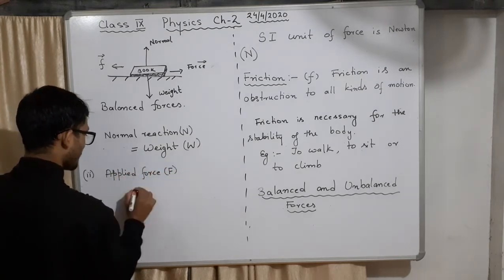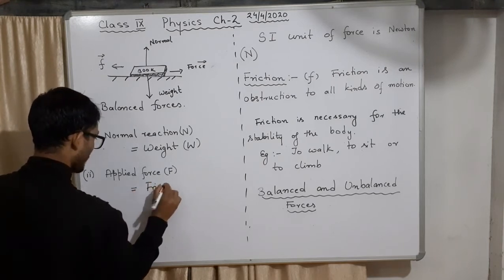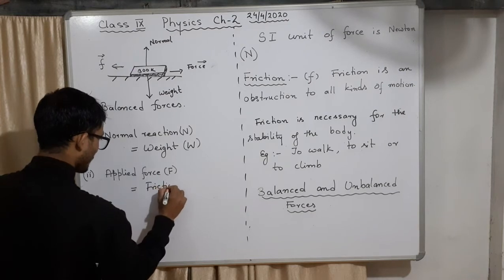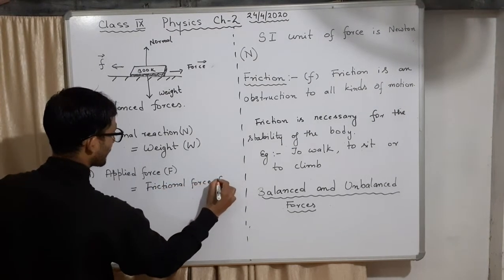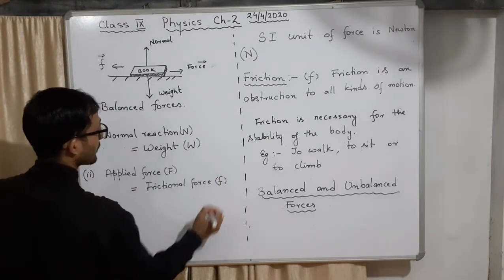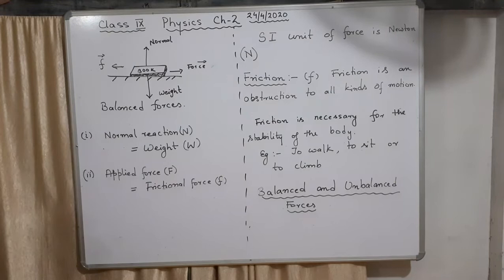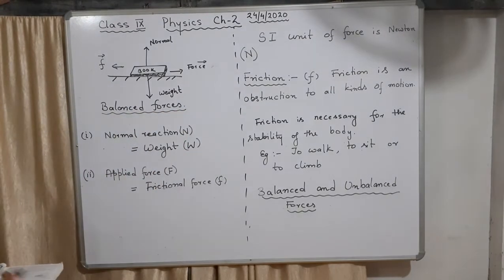Suppose this is F, that will be equal to frictional force small f. Okay, these are the things happening here in the example of balanced force. And there is no change in the motion, you can see.